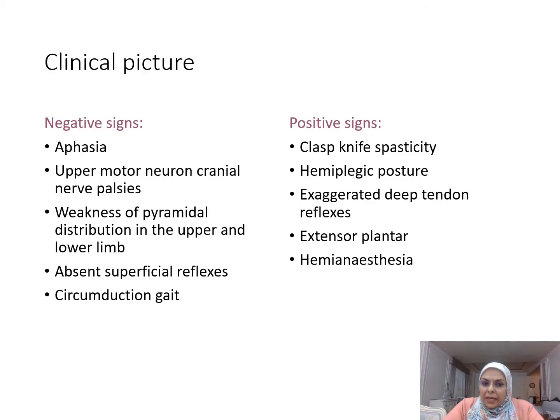The weakness is a negative symptom. Absent superficial reflexes is a negative symptom. Circumduction gait secondary to weakness in the lower limbs is a negative symptom. While the positive symptoms are clasp knife spasticity, where the muscle tone is above normal, the hemiplegic posture, and the exaggerated deep tendon reflexes. Sometimes we can see hemianesthesia or hemiparesthesia, which might be a positive symptom.